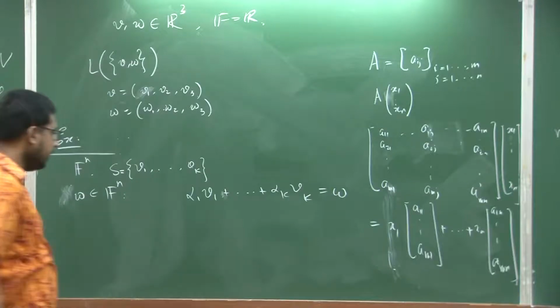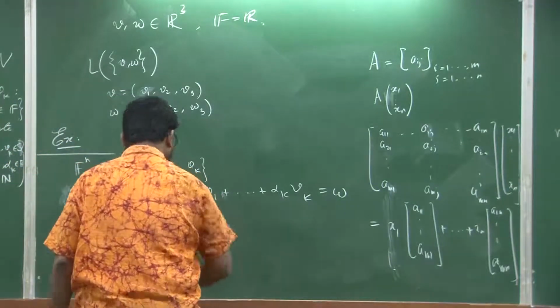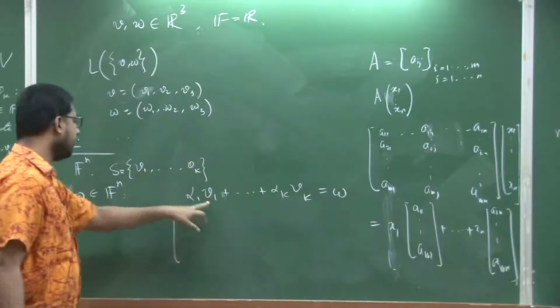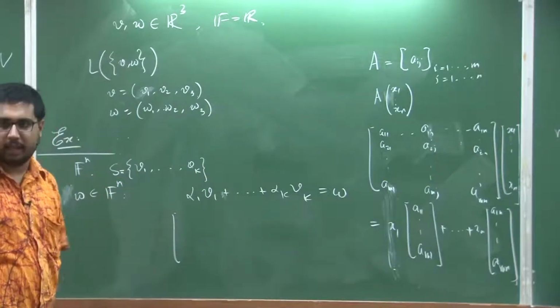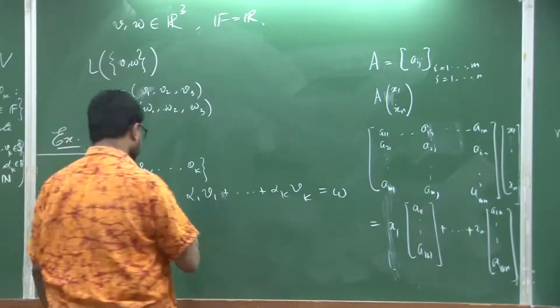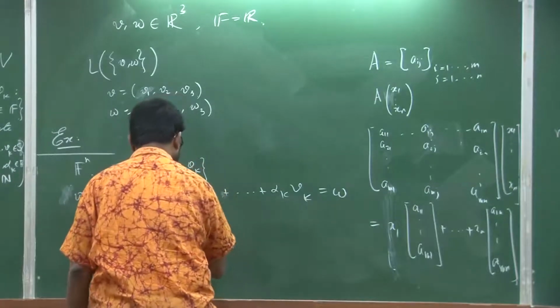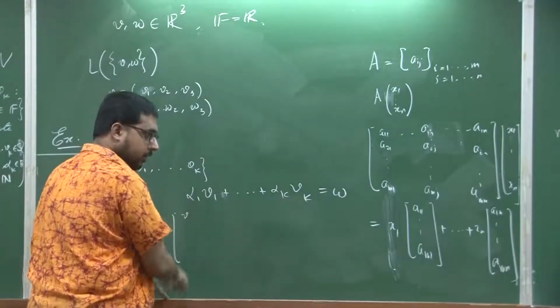It is very easy to see what we do. V1 is a vector in Fn, so it will have n coordinates. So, let us write down the coordinates along the column.